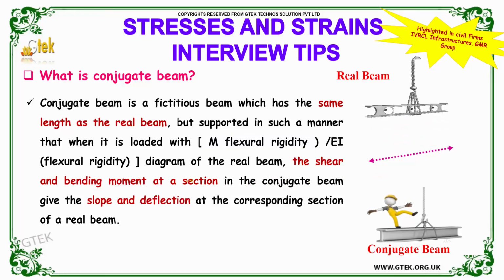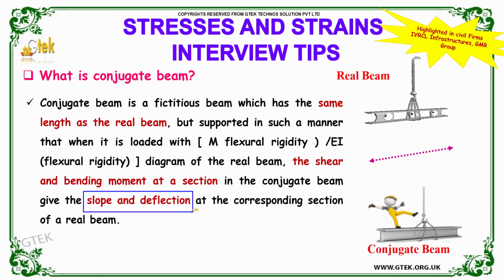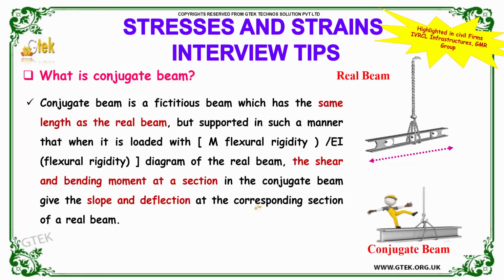The shear and the bending moment at a section in the conjugate beam will give the slope and the deflection at the corresponding section of the real beam.